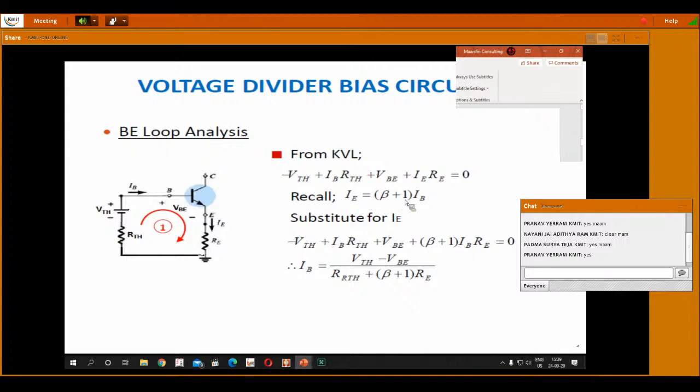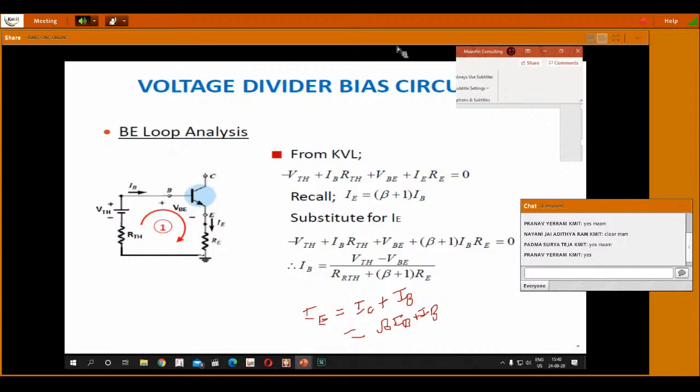As IE is equal to beta plus 1 times IB. Why is IE equal to beta plus 1 times IB? Since IE is equal to IC plus IB, where IC is equal to beta times IB, so IE is beta times IB plus IB.